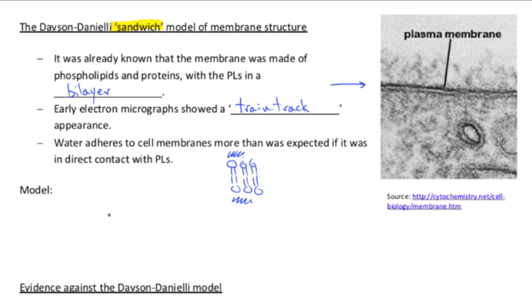Therefore, the model was that there was a bilayer of phospholipids, and then instead of the phospholipids being in direct contact with an aqueous solution on either side, like we think of them being in places in the Singer-Nicolson model, instead there were proteins covering this whole surface and this whole interior surface.